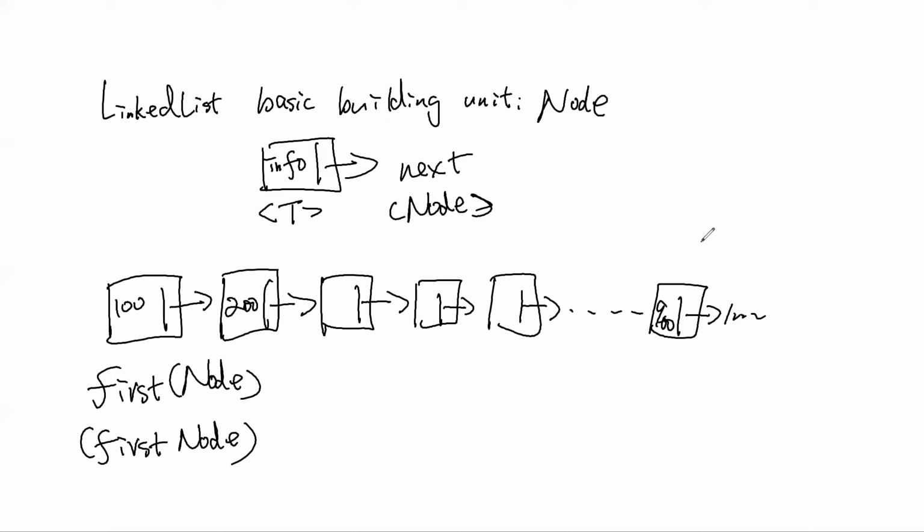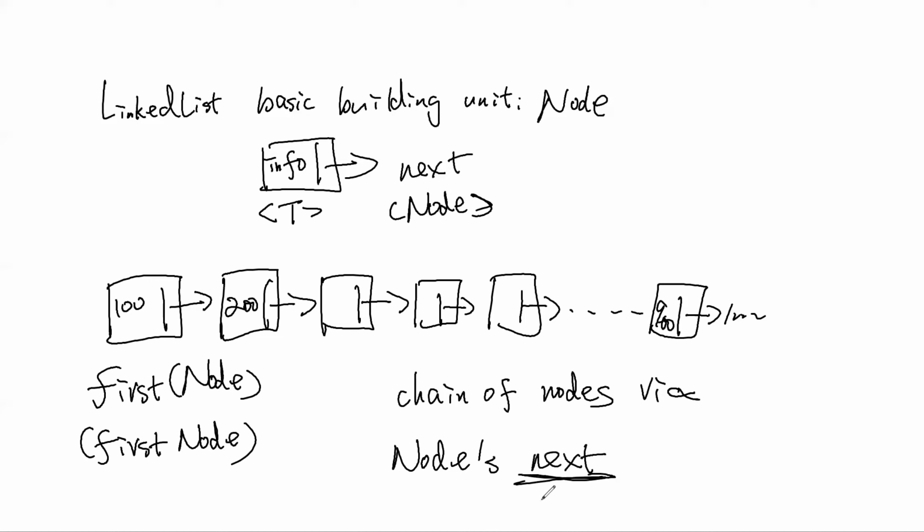That's how a linked list looks like. Basically, it's a chain of nodes, via what? Via the node's next field. So this is the concept of a linked list.